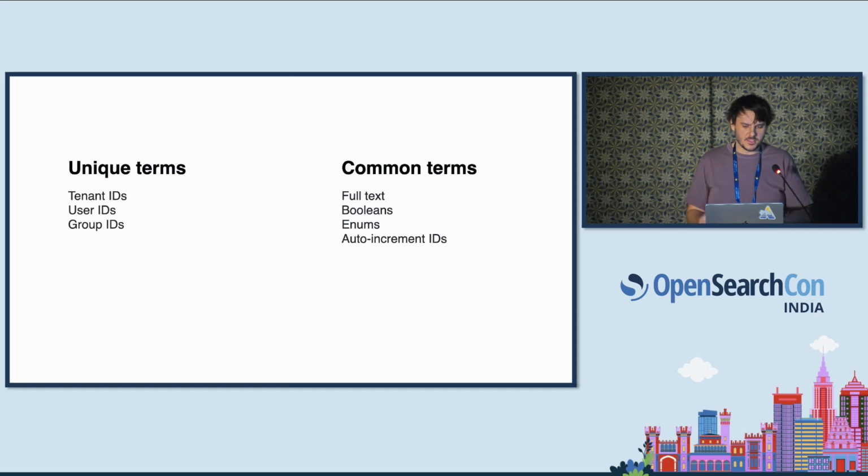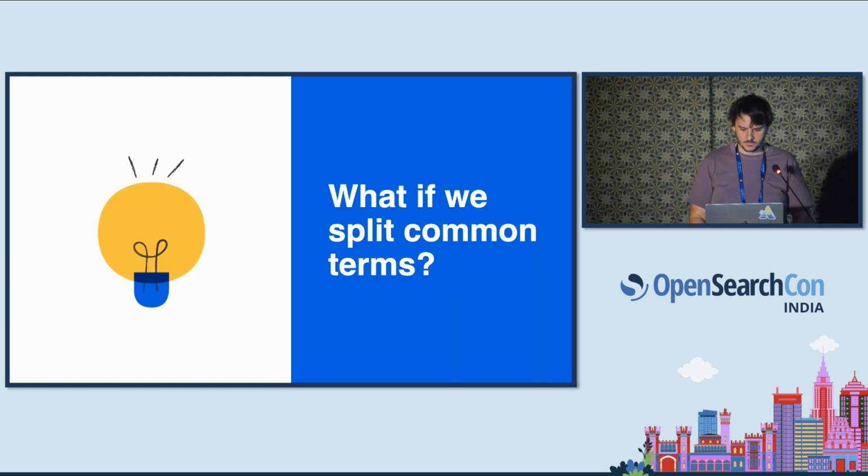But there are other things like states or enums of a document, booleans or auto increments. If you think about how this looks in an inverted index, you have your dictionary of terms, and then for each term you have a postings list. And so these common terms had a mix of different tenants in that posting list that we needed to filter out, and that was what was adding the overhead.